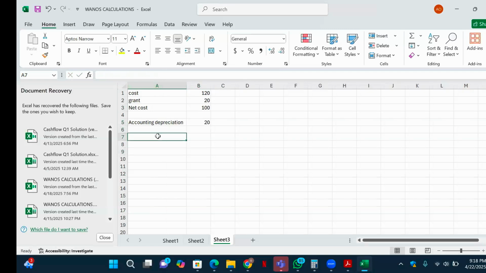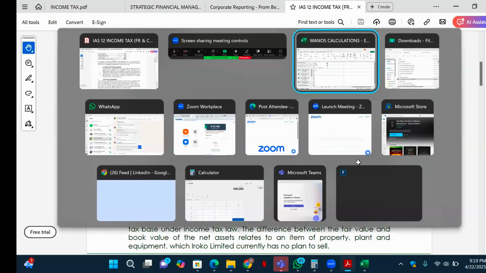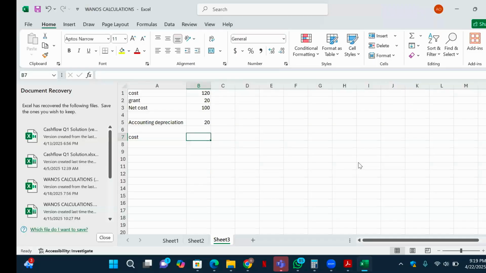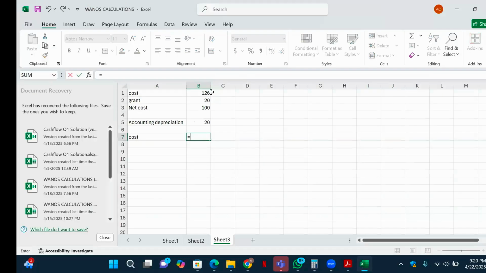All right. But now for the purpose of tax, the question says that the government or the tax authority, FIRS, will restrict the capital allowance, meaning the tax depreciation. Capital allowance and tax depreciation mean exactly the same thing. So if they are going to restrict what they will consider for capital allowance, they will not consider the cost to be 120.